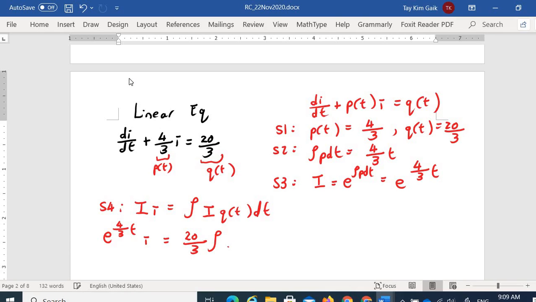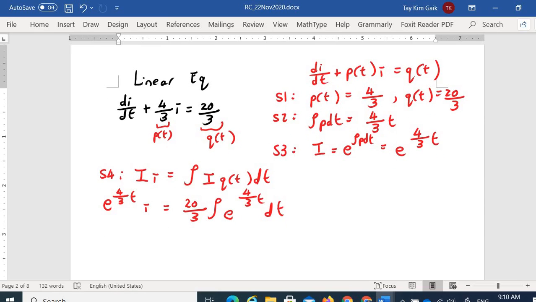So integrate exponent 4 over 3 t dt. Then you can easily integrate exponent 4 over 3 t. You get back the same form, exponent 4 over 3 t. For integration, you divide by 4 over 3, and then plus c.